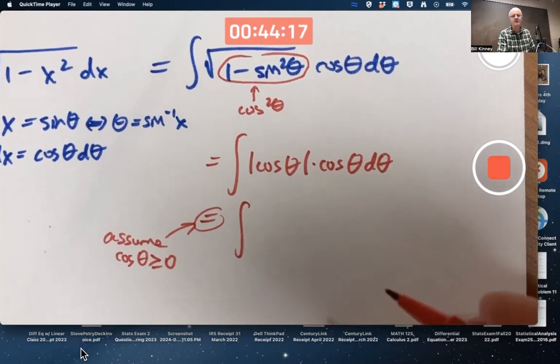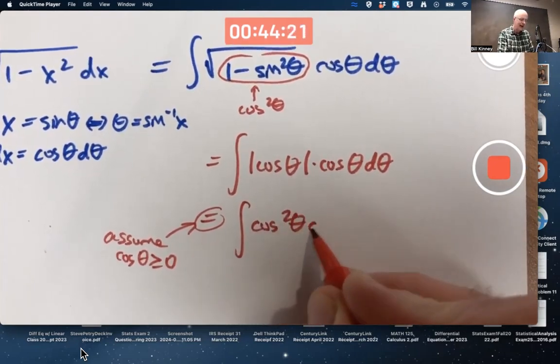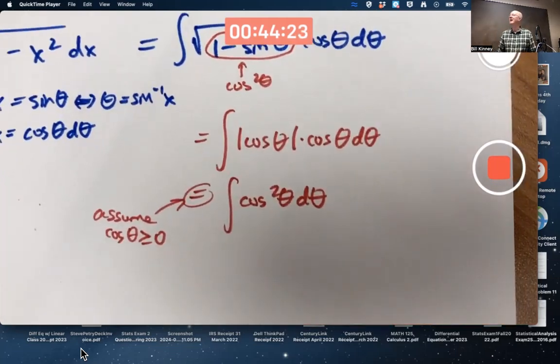I can get rid of those absolute value signs, then cos theta times itself is cos squared theta. And hey, we did that integral on Wednesday. Right? There are two ways of doing that integral. One with integration by parts and solving for the integral. And the other was with a trig identity. I highly recommend the trig identity method.